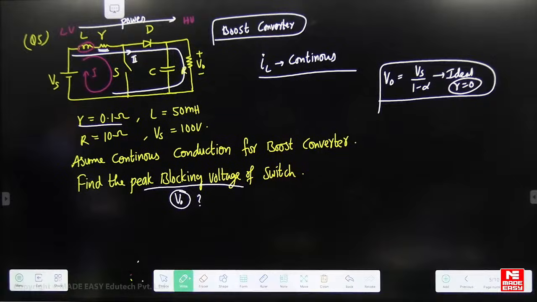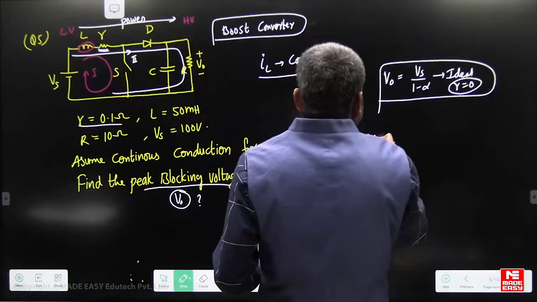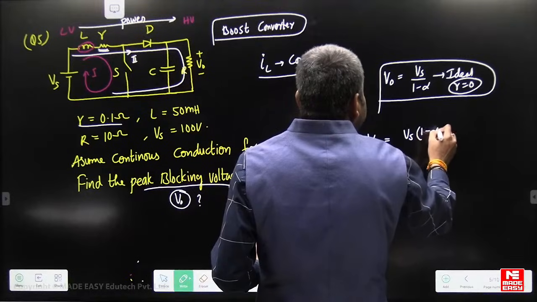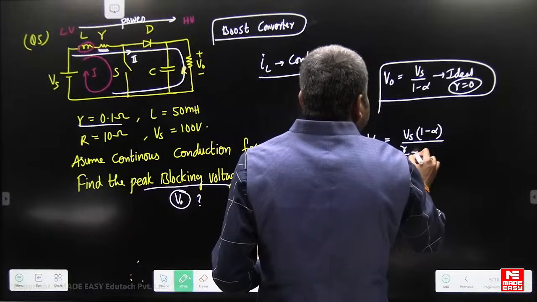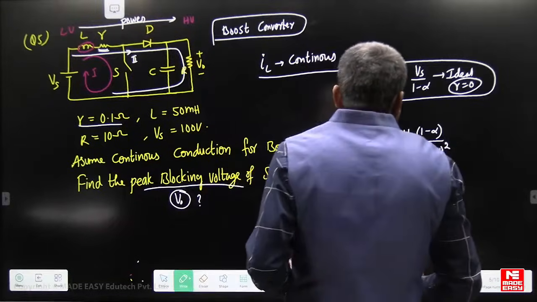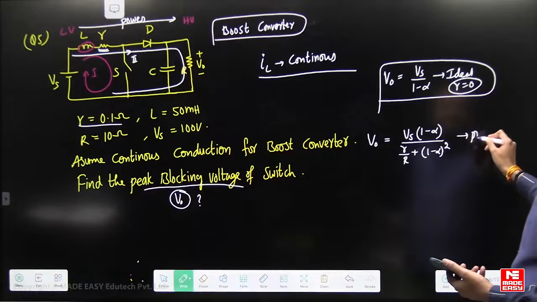So what is the equation here for the practical case? The equation for the practical case is V0 is equal to Vs into 1 minus alpha, by small r by capital R plus 1 minus alpha whole square. Okay students, so this is the ideal case, this is the practical case.